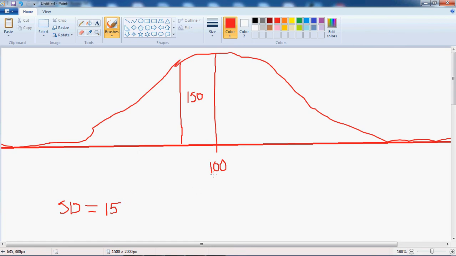So that's 100 minus 15, which is 85. So any score between 85 and 100 is less than one standard deviation until you get to 85. Now, let's look at two standard deviations.